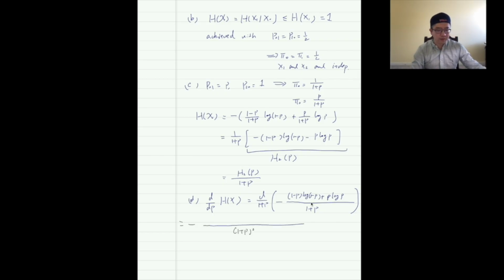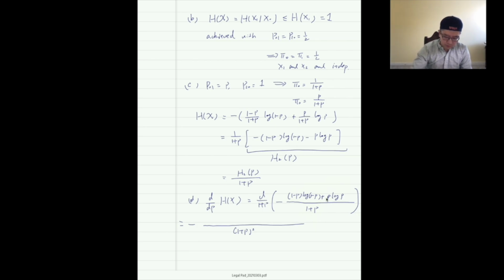On top, we take the derivative of the numerator times the denominator, minus the numerator times the derivative of the denominator.